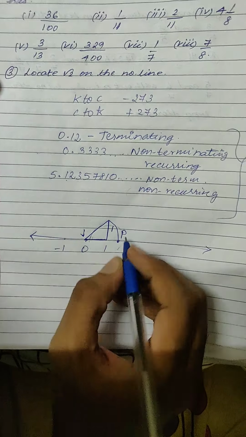So how can you show that it is root 2? The base we have taken is 1 centimeter, right? The height also we have taken as 1 centimeter. So this is 90 degrees. And what is this called? This is called the hypotenuse.